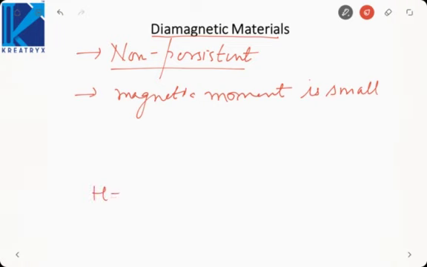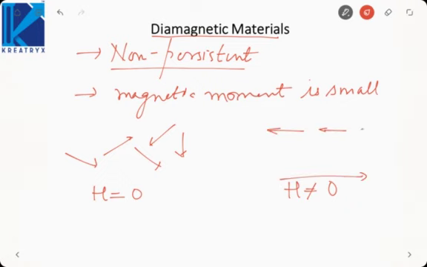Before the magnetic field is applied, the dipoles will be oriented in random directions like this. But as soon as the magnetic field is applied, where H is not 0, they will be oriented in the opposite direction. If the magnetic field is applied towards the right, dipoles will get oriented in the reverse direction. This is the property of diamagnetic materials.